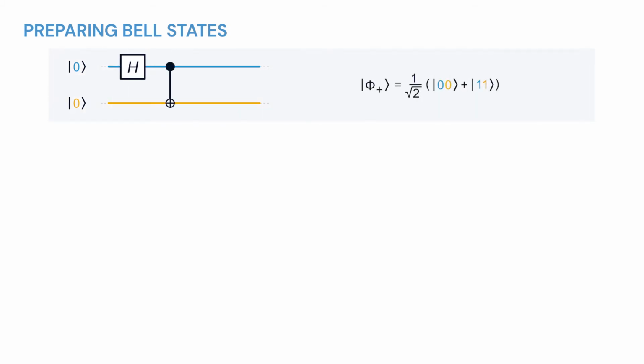As you will remember, there are 4 maximally entangled 2-partite states, which are called the Bell states. One important feature of the creation of these Bell states is the presence of the CNOT gate after the application of the Hadamard gate on the upper qubit. This has the effect of entangling the 2 states.